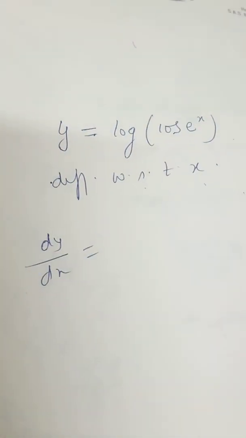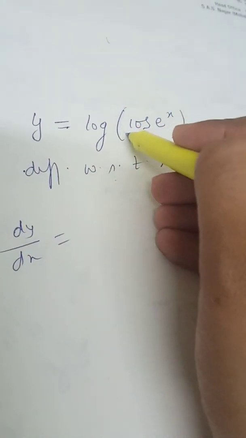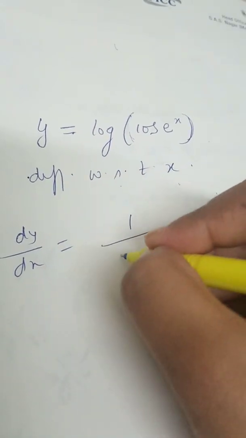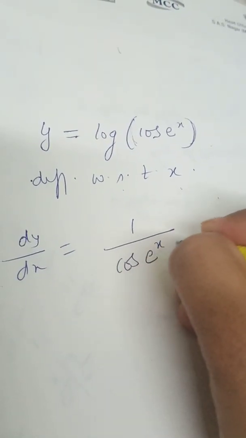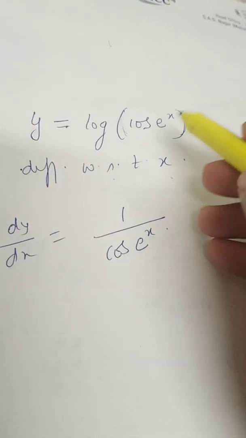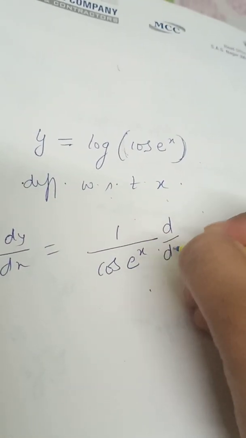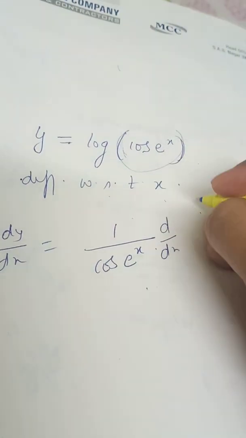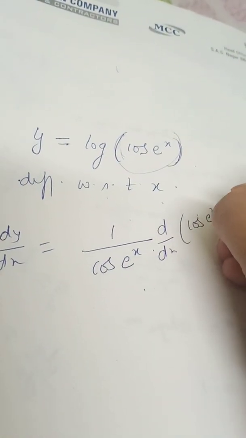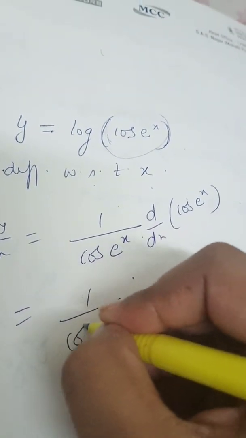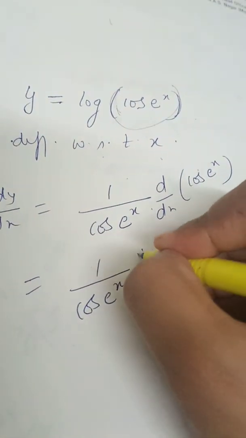Apply the chain rule here. Firstly, what is the function? Log function, cos e to the power x. 1 upon it, I have written that. Then afterwards the derivative of this function, cos e to the power x. 1 by cos e to the power x as it is.